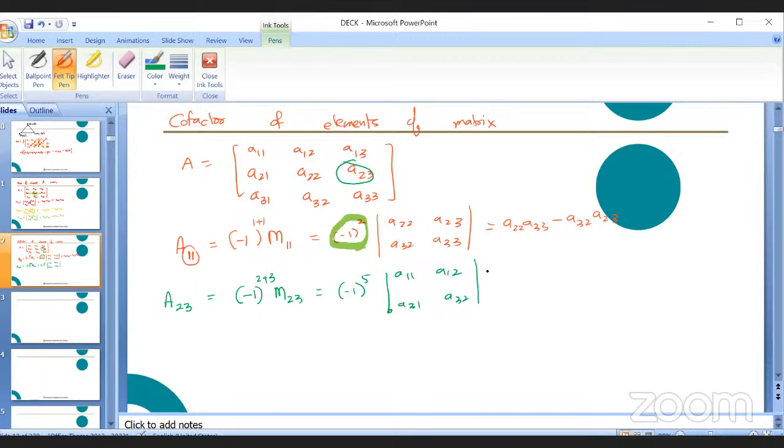Now, minus 1 power 5 is minus 1 into A11, A32 minus A31, A12. Or in other words, minus A11, A32 plus A31, A12. This is what I have.